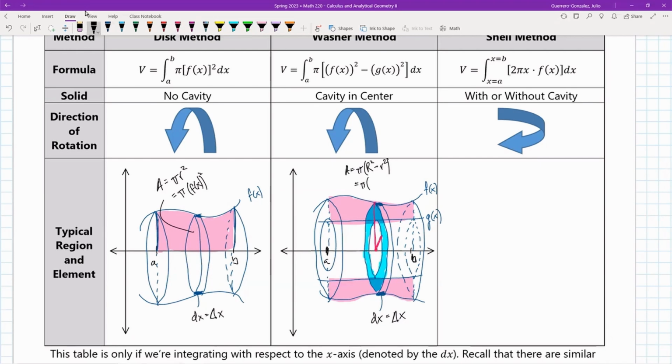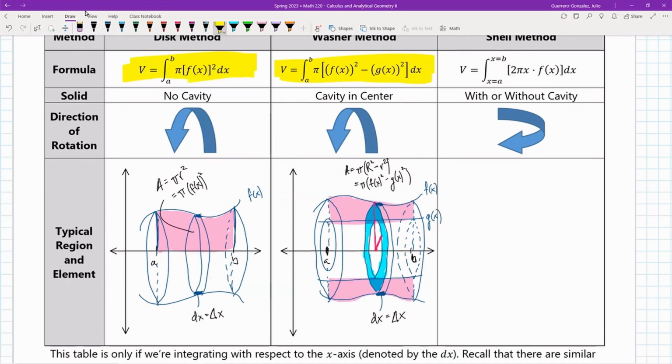So we had here f of x squared minus g of x squared. That was our area, right? So that's how we got this formulation right here, right above it, just like we got from the disk method. Hopefully you guys see that, right?